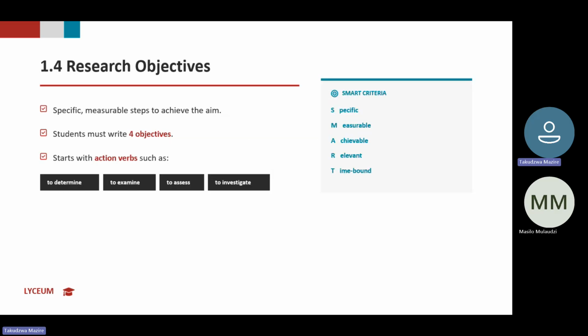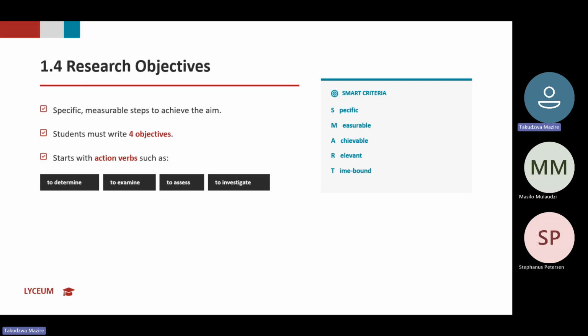As we break it down, we can go down to research objectives. Now, these are the actionable steps that I've just mentioned. Research objectives are those specific, measurable steps that guide your entire study.